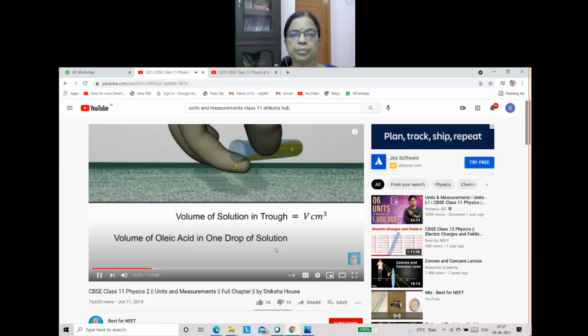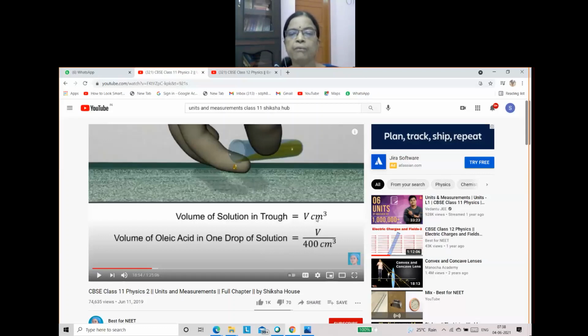See, children, in this we can measure the volume. This is a test tube. We can see how much volume of oleic acid is dropped into the water, which we know from measuring. If you have a measuring test tube, we can measure it. So let us take that as V centimeter cube.